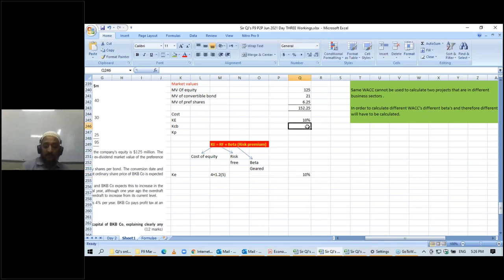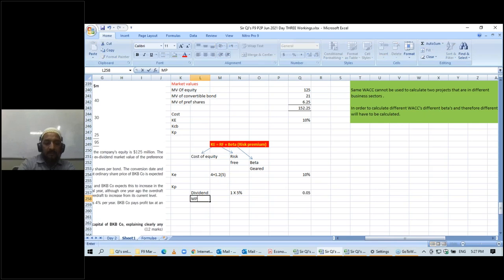Now moving on to the cost of convertible bonds. Before that, let's calculate the cost of the preference shares. In case of preference shares, we need to know the dividends first. So the dividend will be, it's a $1 preference share, and the rate on the preference shares is 5%. So the dividend will become 0.05.